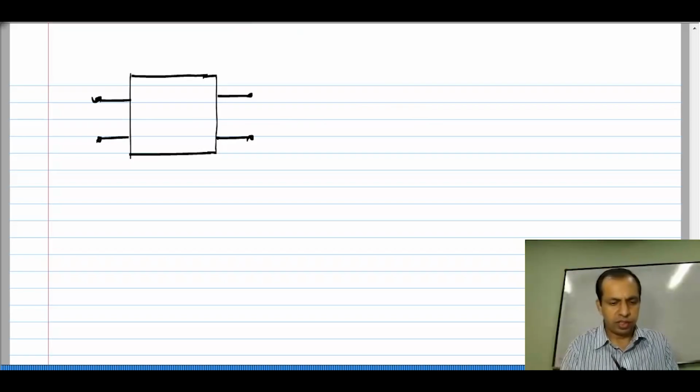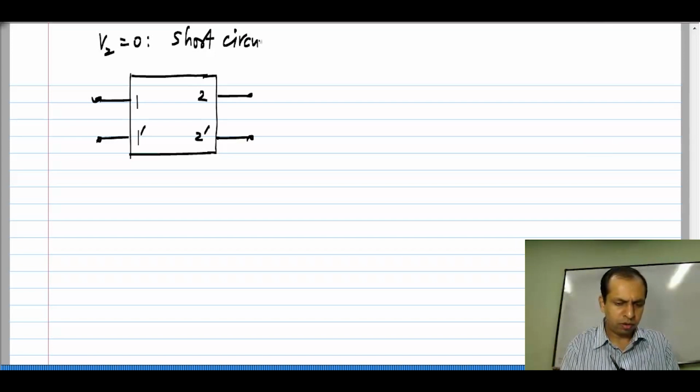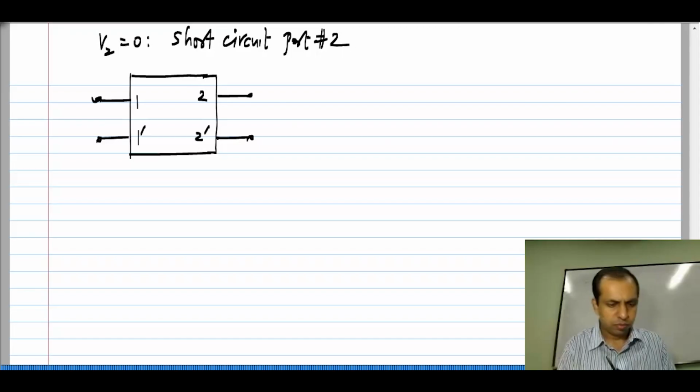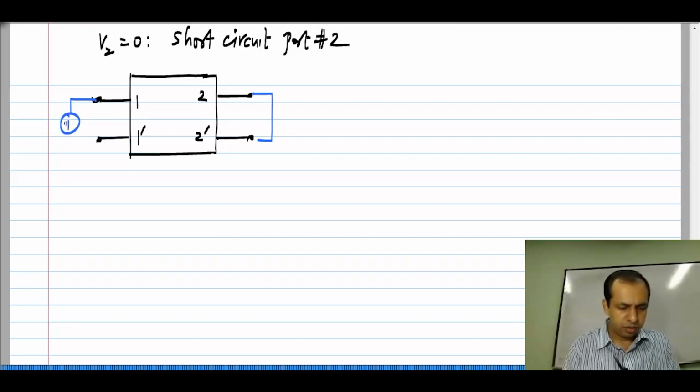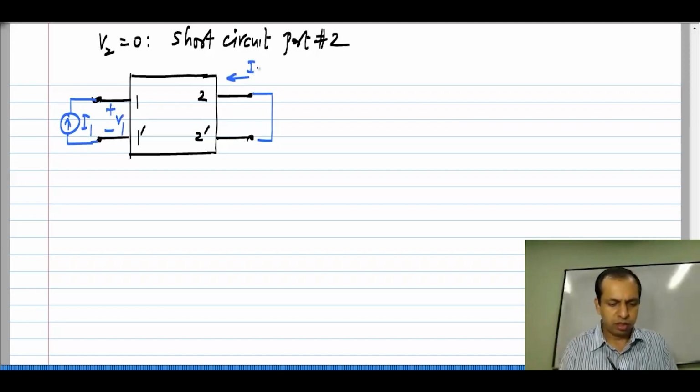So, in the first case we set V2 to 0, which means you short circuit port number 2 and you apply I1 to this side and you measure V1 and I2. Okay.